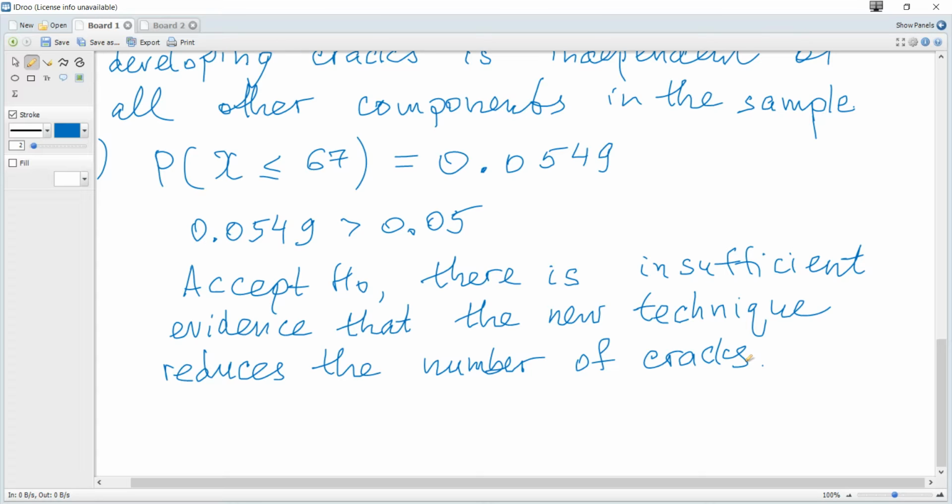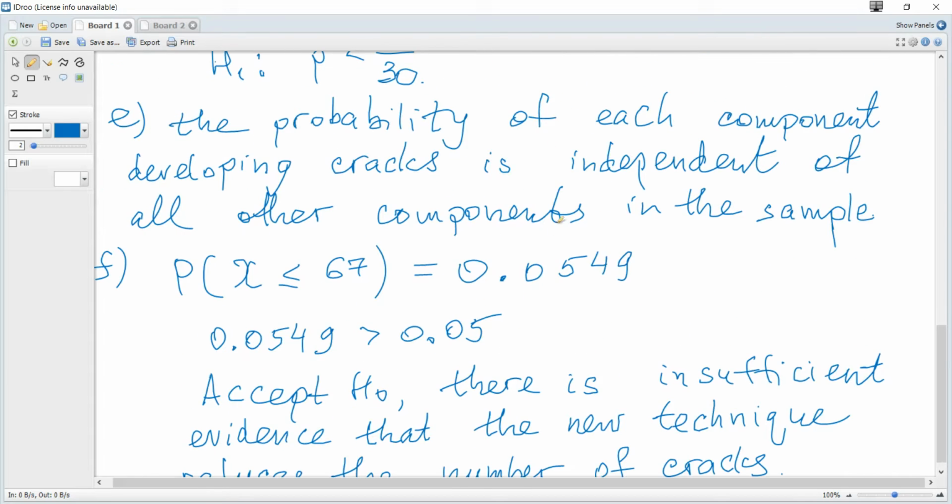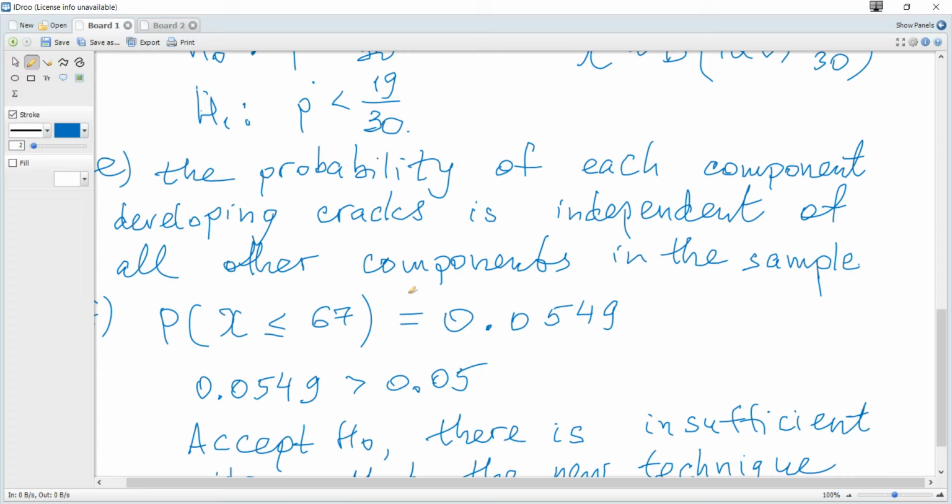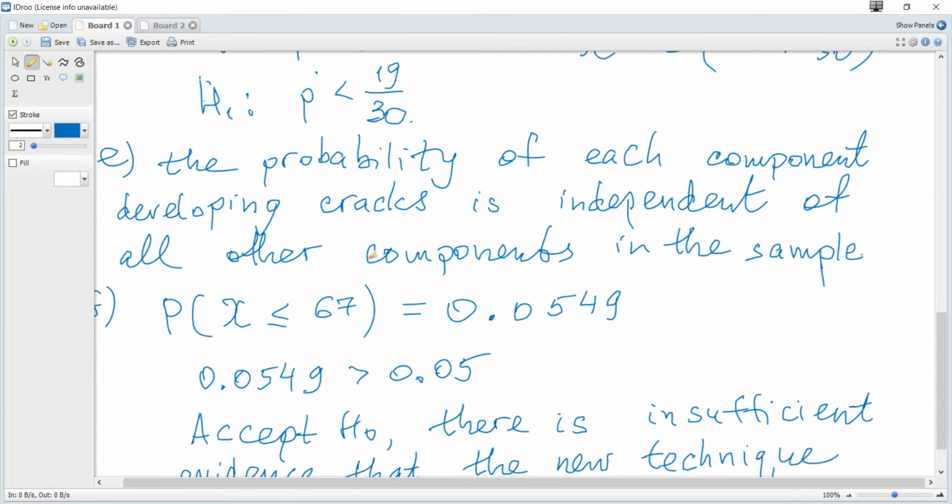The next, G: in comparison with the test in part C, which is a chi-square test for independence, state one mathematical reason why the test in part F, the test for proportion, might be preferred.